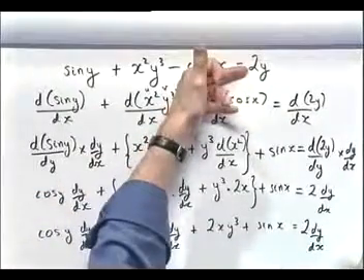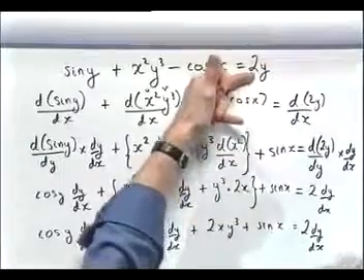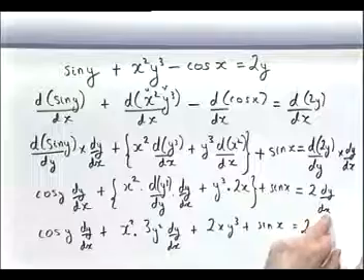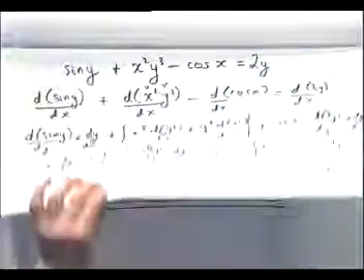Similarly, the derivative of 2y with respect to x would be the derivative of 2y with respect to y, 2, times dy by dx. And so we go direct from there to there. So let's have a look at that in another example.